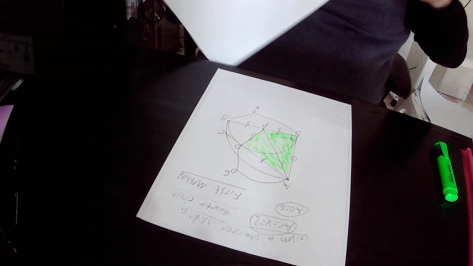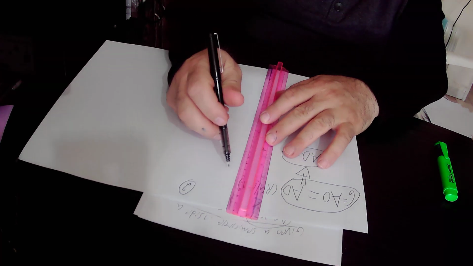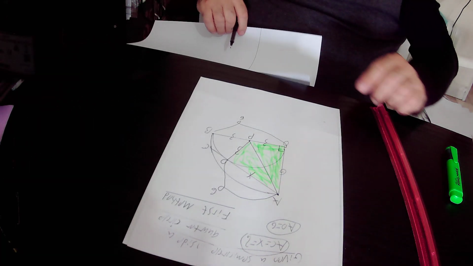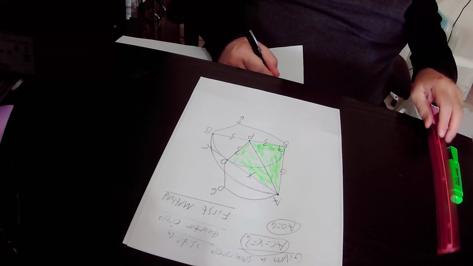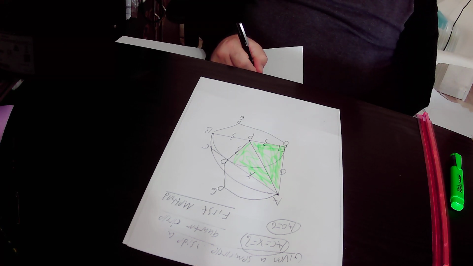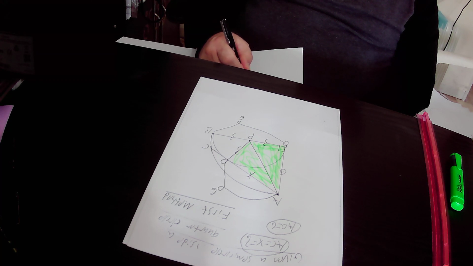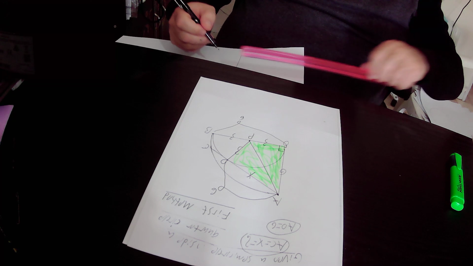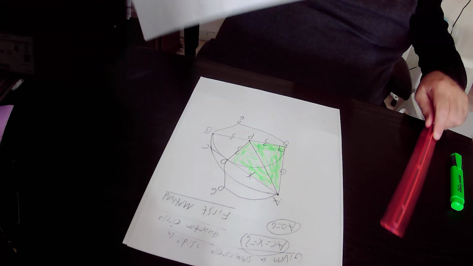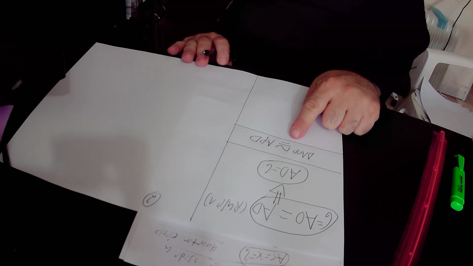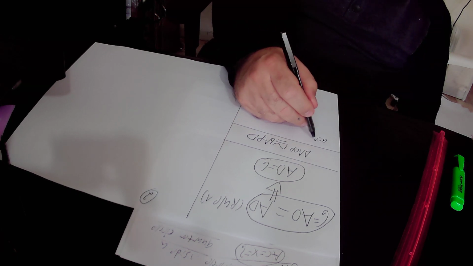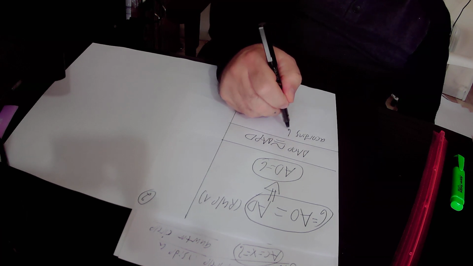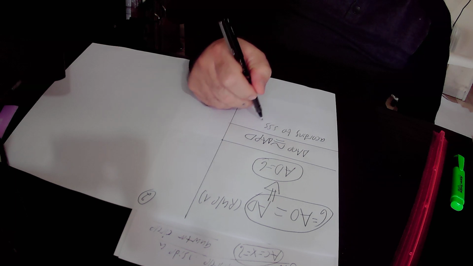The green right triangle AOP is congruent, this is the sign of congruent, to the green right triangle APD according to side rule.